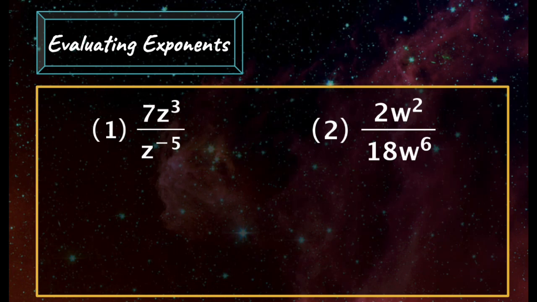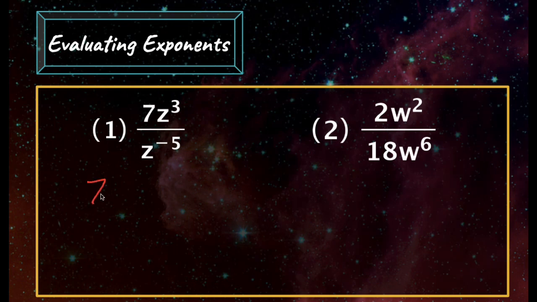Here we have two easy evaluating exponent questions. For number 1, we have 7 times z to the power of 3 divided by z to the power of negative 5. Whenever we have the same base dividing, all we have to do is subtract the exponents.